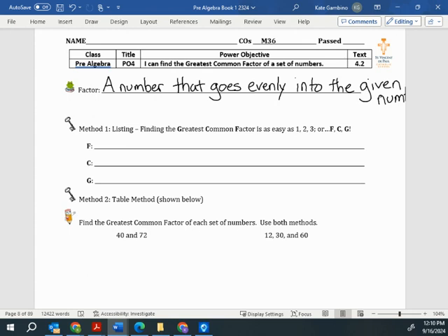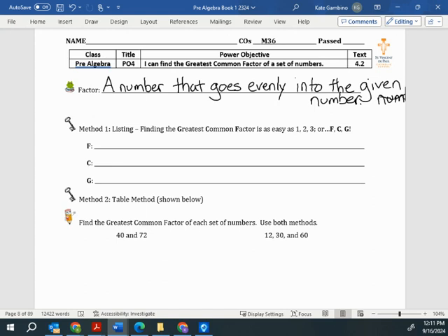And of course it doesn't want me to write up the page there, so let me write it here. So a factor is a number that goes evenly into the given number. So you're given a number, they say, what are the factors? You have to look at what are the numbers that we multiply together to get that number.